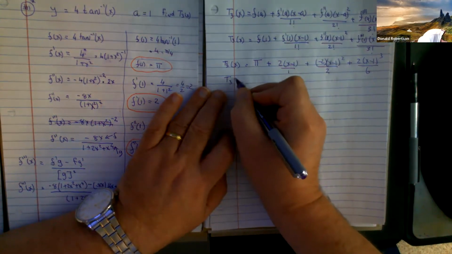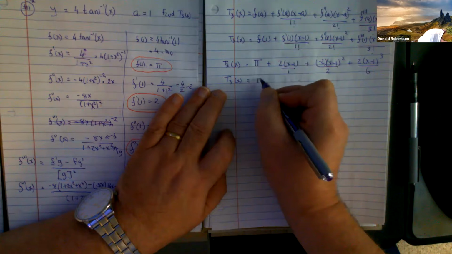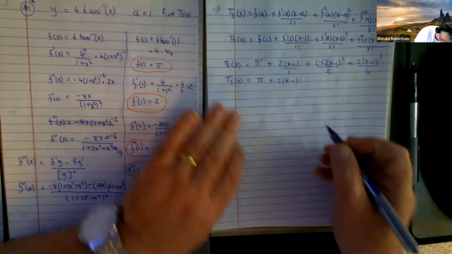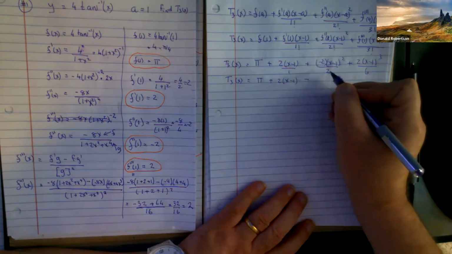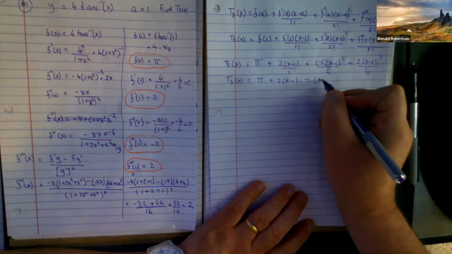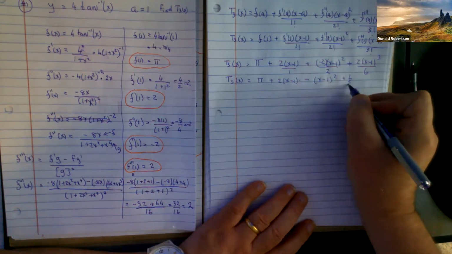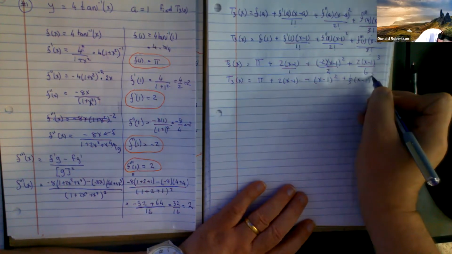And just a little tidying up, I get a pi, I get a 2 lots of x minus 1. That cancels with that, but the answer is negative, so it's minus x minus 1 squared. That gets me a third, so 1/3 of x minus 1 cubed.